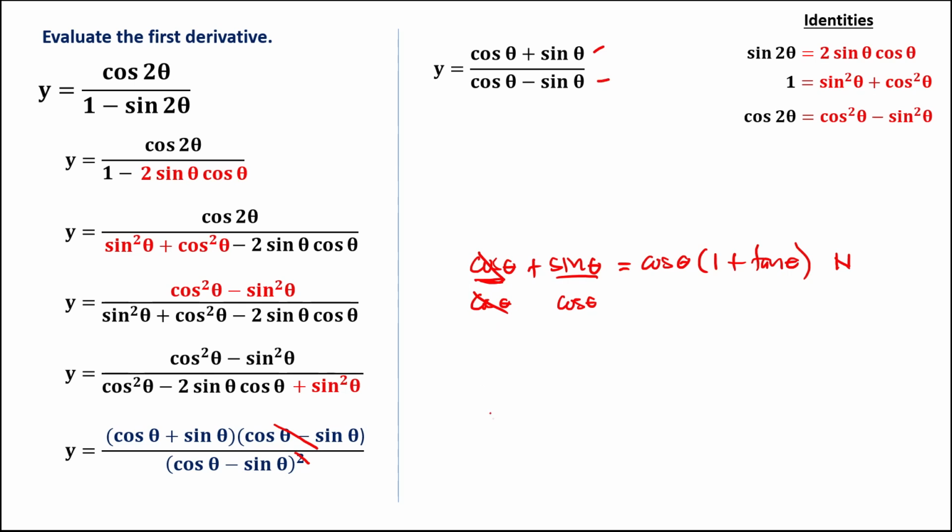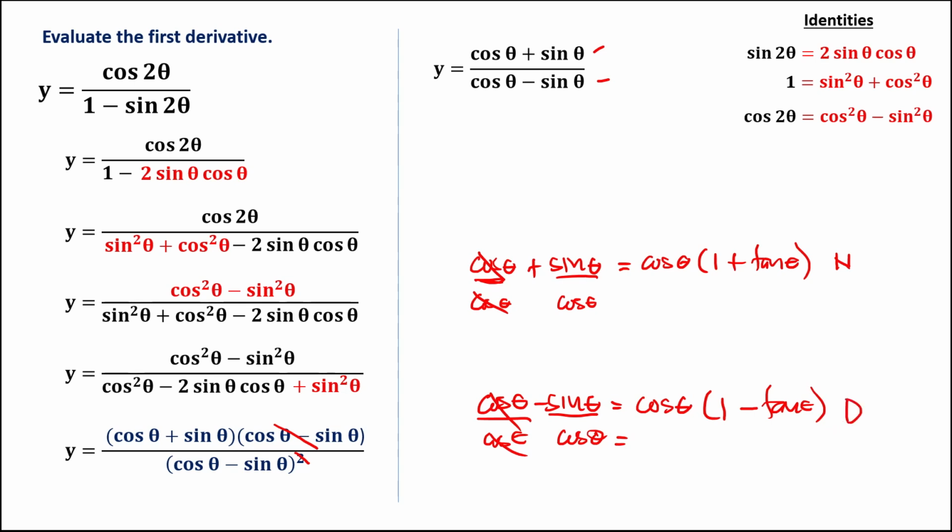Then for this denominator, the same process. If we put this cosine θ outside, this is 1, then minus sine over cosine, which is tangent θ, so we have now the denominator.